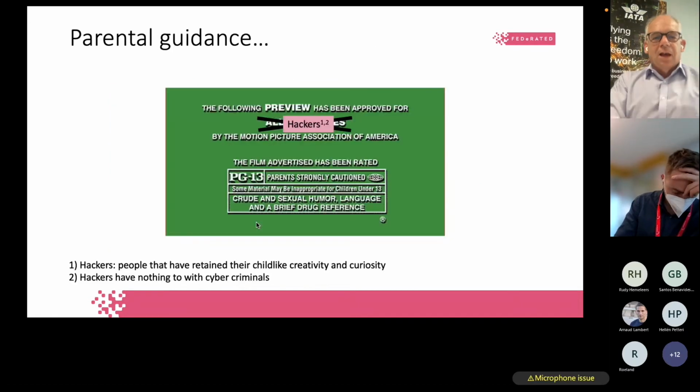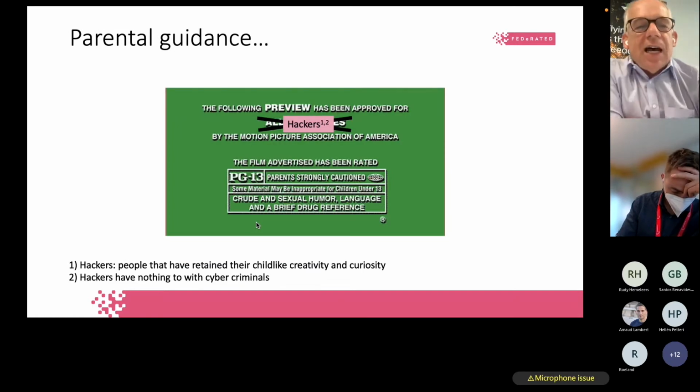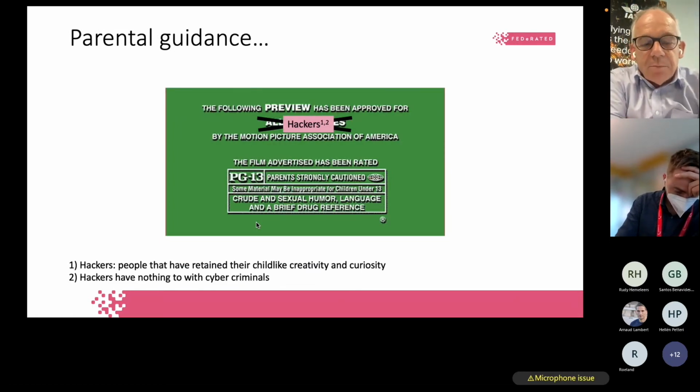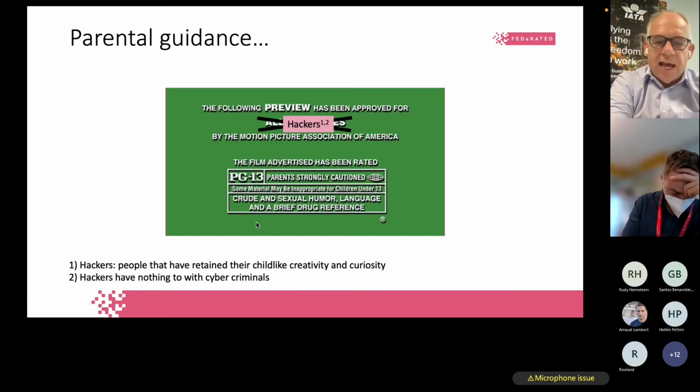So for the next few slides, I have some parental guidance, but I still want to show them. A few slides here that are not really suitable for all audiences, but they're suitable for hackers. And hackers are just people that like to mess around, that like to play around, that are creative, that haven't lost their childlike curiosity yet. They're not, however, cyber criminals.